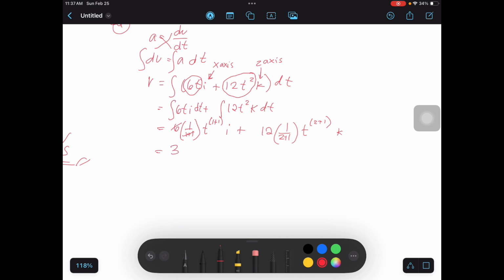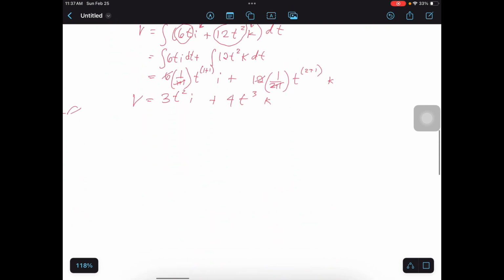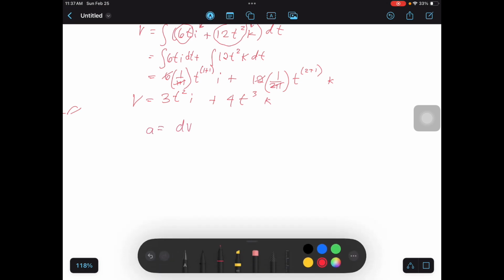This is 30 t squared i, plus this 4 t cubed k. So, this is your function for velocity. Hindi mo naman kailangan si velocity, so no need to evaluate this sa 2 seconds. 2 seconds yung evaluation time na, okay. So, you can just continue para makuha yung displacement na.